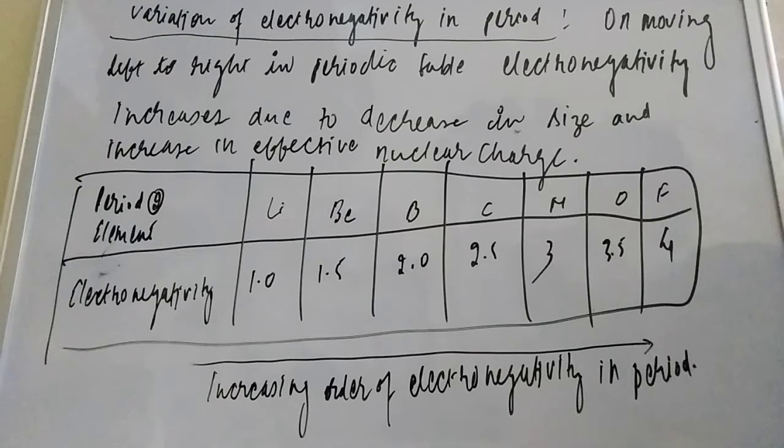When you are moving left to right in the period, what is happening, student? The electronegativity keeps on increasing. Why does it keep on increasing? When you are moving left to right, the size keeps on decreasing, and size is inversely proportional to electronegativity. So size decreasing means electronegativity will increase.